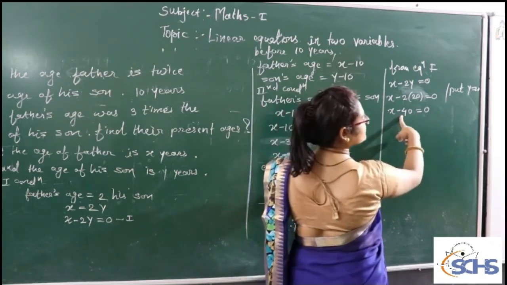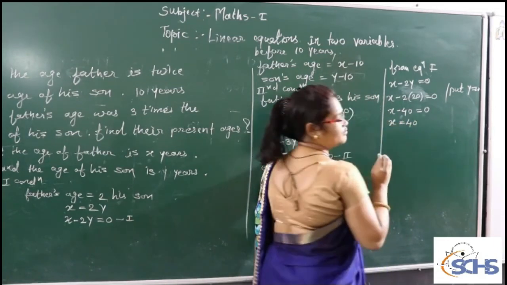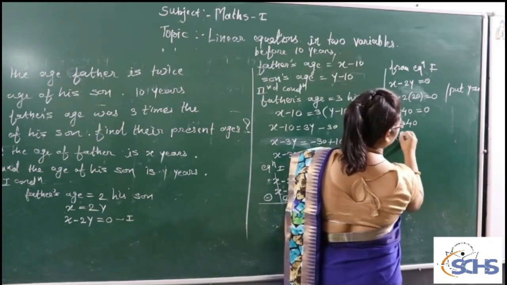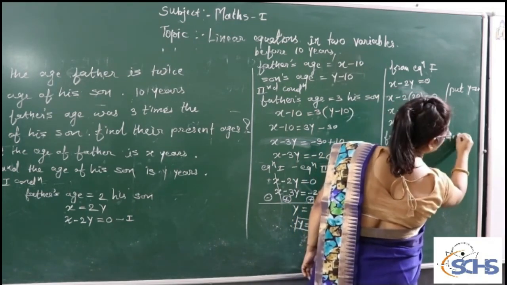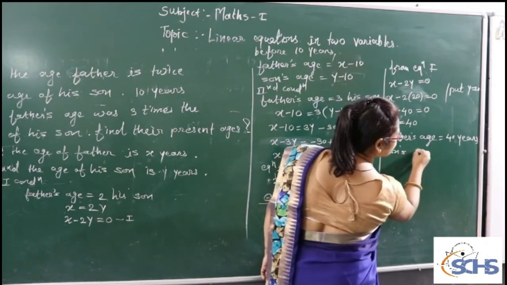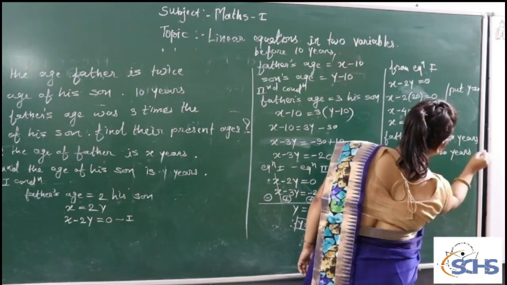After shifting this minus 40 to the right side, we get x is equals to 40. It means the present age of father is equals to 40 years and son's age is equals to 20 years.